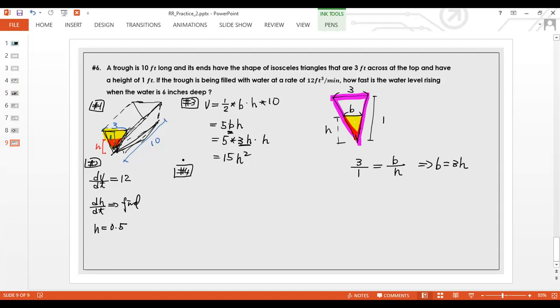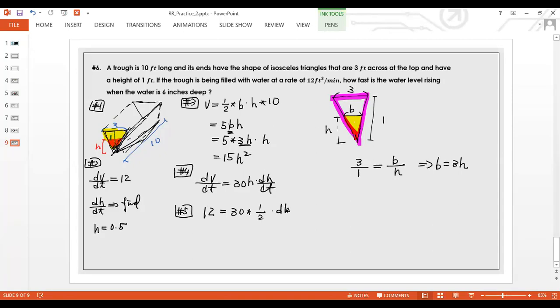Now number 4. Finally we have V and H, so I can take the derivative of both sides. dV/dt is equal to 30H dH/dt. Now I plug in all the values. dV/dt is 12, and H is 6 inches, so it's 1/2.